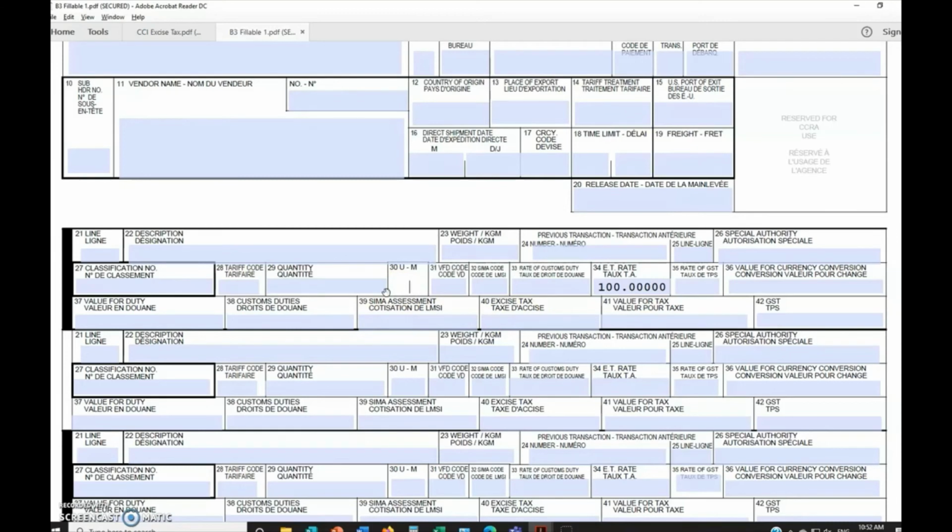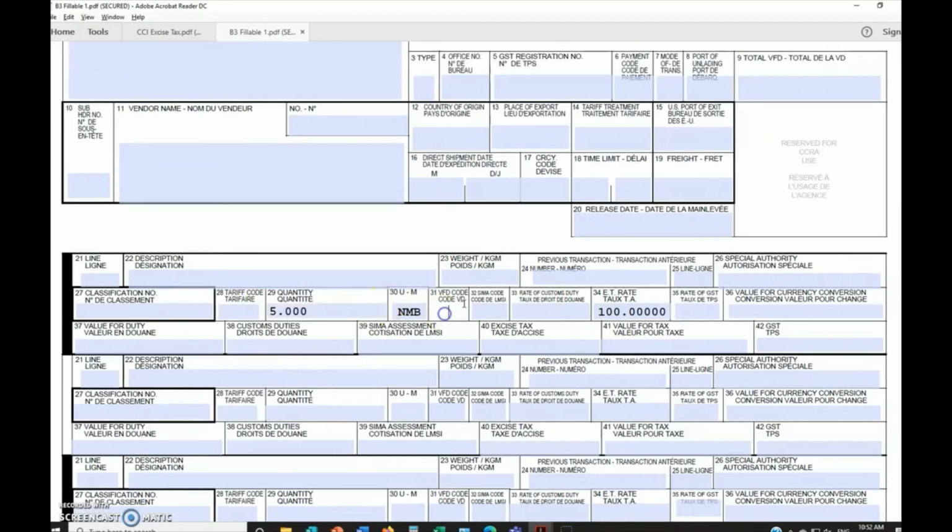When you go into the customs tariff for these HS items, HS numbers, you will notice that there is a unit of measure involved. So let's say there's 100 cars. Well, pardon me, let's make the math a little bit easier for my brain this morning. Let's say there's 5 cars. Well, it's $100 excise tax times 5 cars, or $100 per car. There's 5 cars, therefore the excise tax is $500.